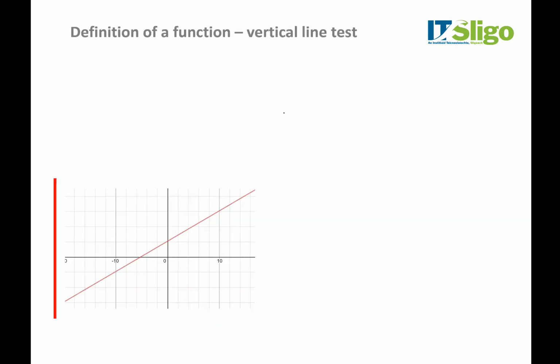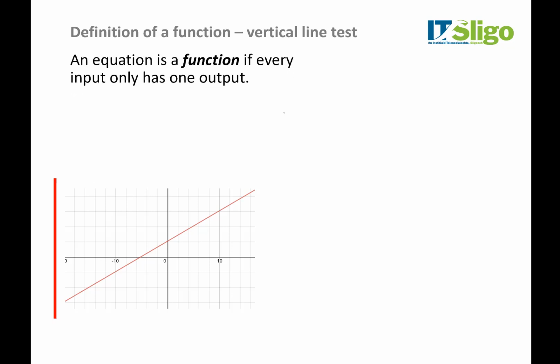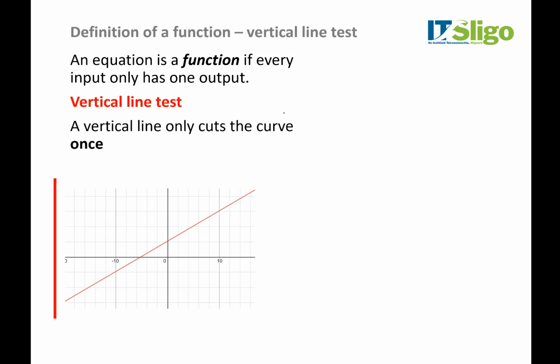So just to get a little bit technical, what is a function as opposed to an equation? There are differences between them. An equation is a function if every input only has one output. They call this the vertical line test. If we pass a vertical line across, the curve only cuts the vertical line once.